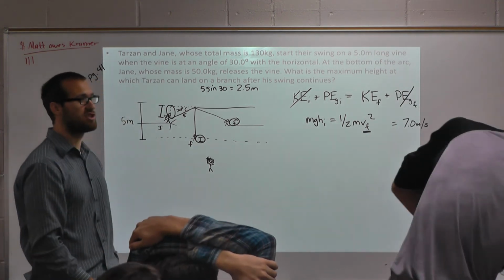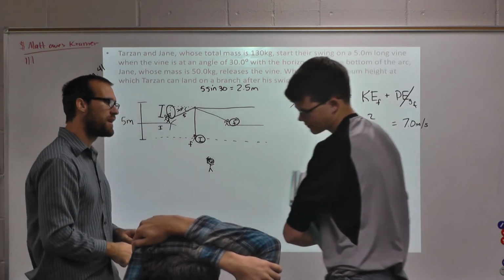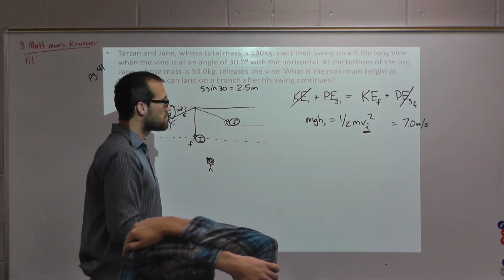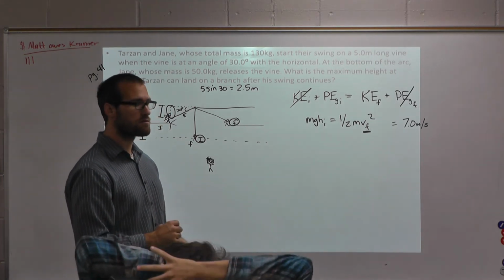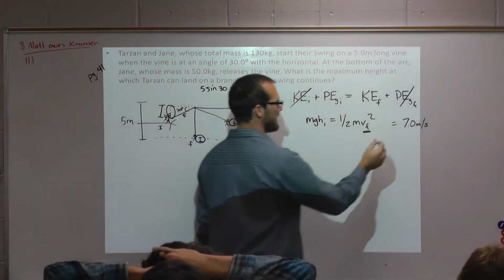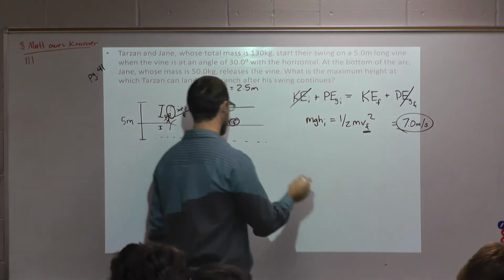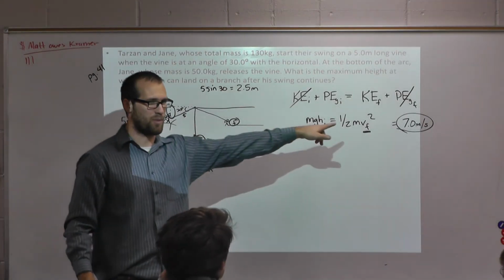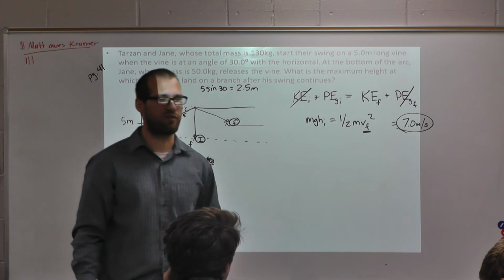You have to subtract Jane's mass out because Jane's falling off. Technically, that's not actually part of the answer. We just need that to solve for the answer.